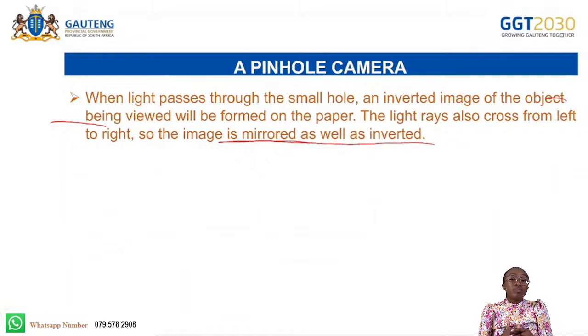So that's why the image appears upside down, because the light rays cross from the left to the right. That's how we have a mirror image that is inverted or upside down.